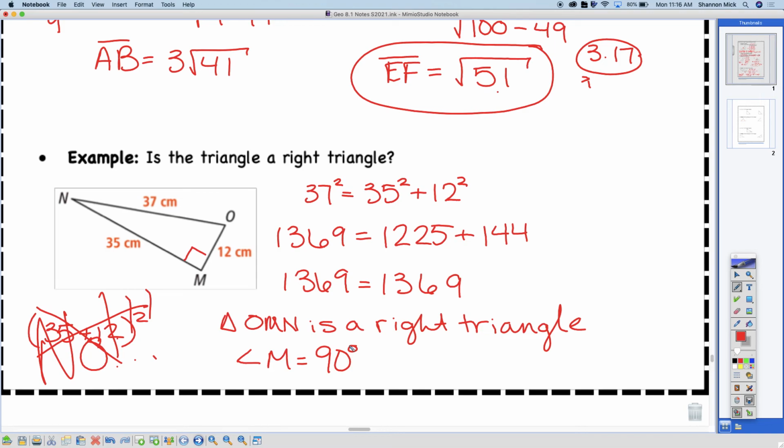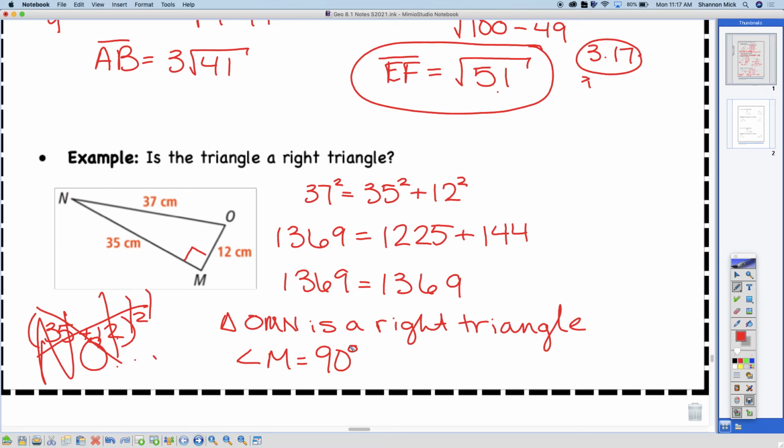So this is just reviewing kind of what we've already done, yes? Now we're going to get into the new stuff. The new stuff is going to help us out because every right triangle we can solve with the Pythagorean theorem. But these two special right triangles, we can solve with just the ratios. We've been talking about similar triangles, correct?